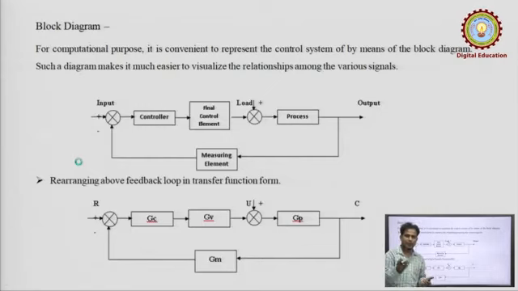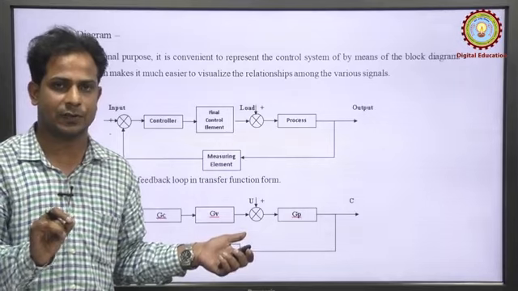Now, I told you about the system in my first slide, in which I took an example of a stirred tank heater. I converted that system into a block diagram by taking each element as a transfer function. I already told you what a transfer function is.